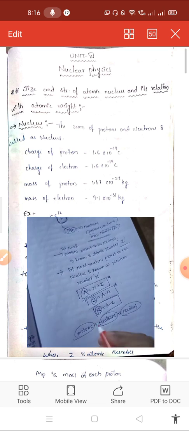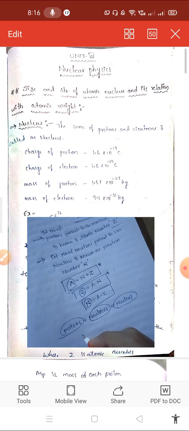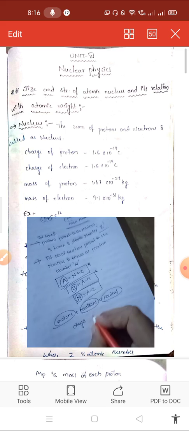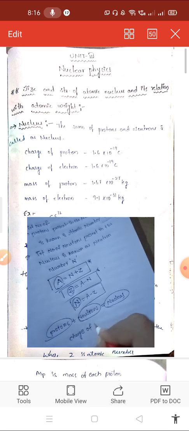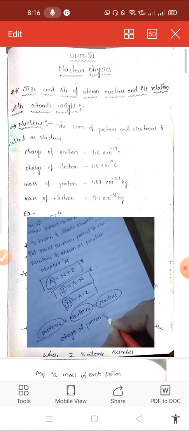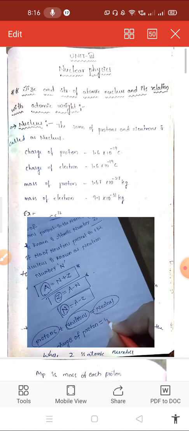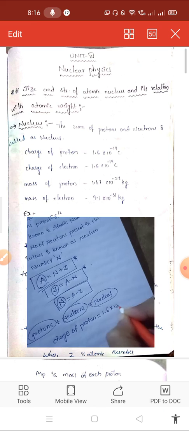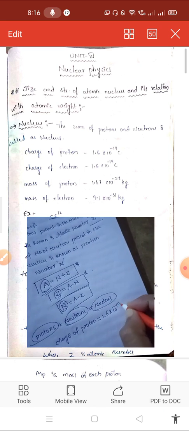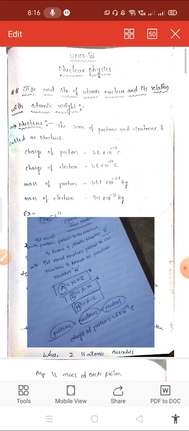So, now can you tell me what is the charge of the proton? Here you have to remember all these values clearly. First of all, I am writing the charge of the proton. The charge of the proton is 1.6 into 10 to the power of minus 19 coulombs, which is the same as the electron.